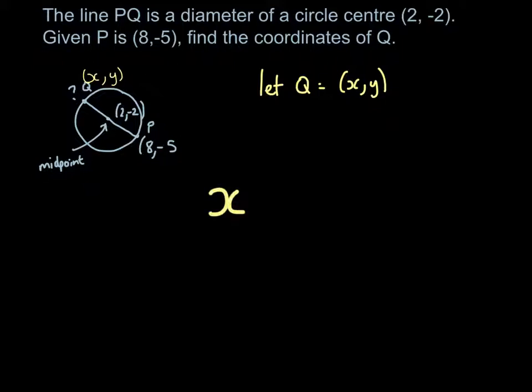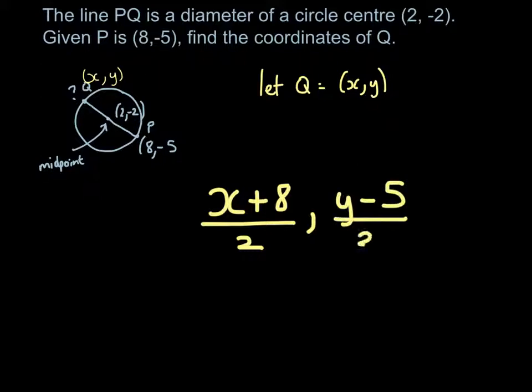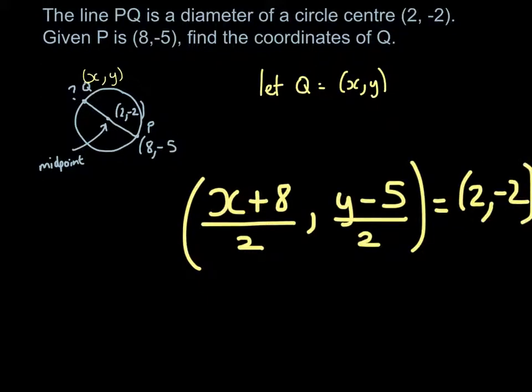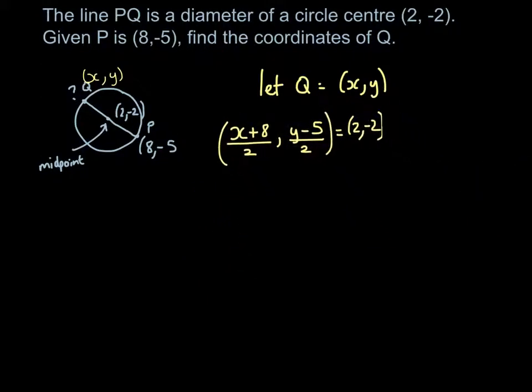Okay, so we know then that x plus 8 divided by 2 and y plus minus 5, so y minus 5 divided by 2 is going to be the midpoint, which is 2 minus 2. That's just going to give us two simple equations to solve to work out what x and y are, which will then tell us what Q is.